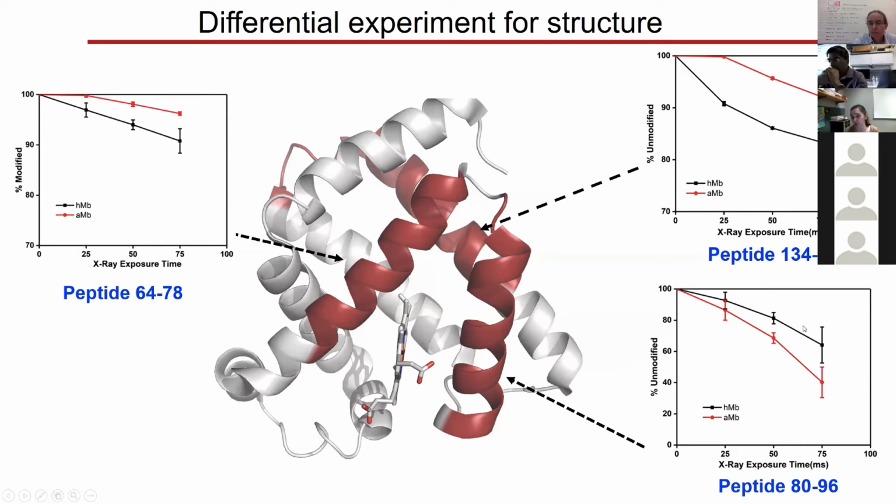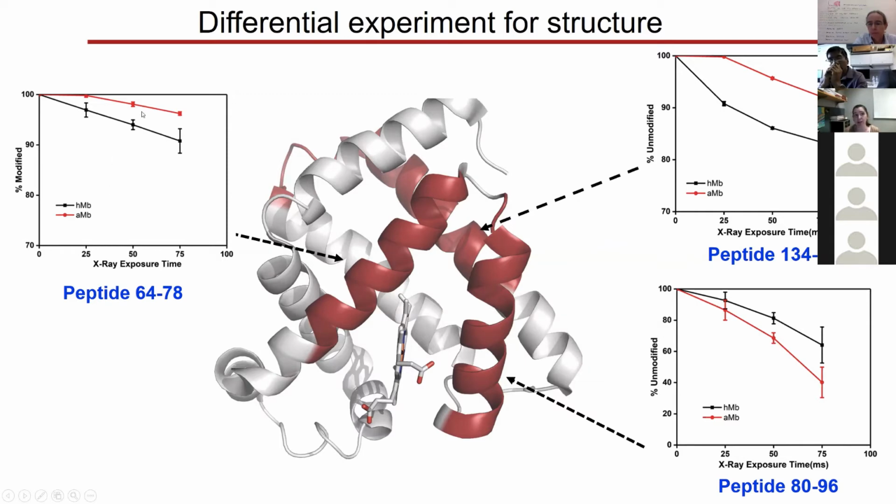showed a decrease in labeling in the holo form, which corresponds to the binding of the heme and closing of this helix. Also two regions adjacent to this pocket show rearrangement of the protein in the holo form, and in the crystal structure they were shown to have more solvent accessibility.